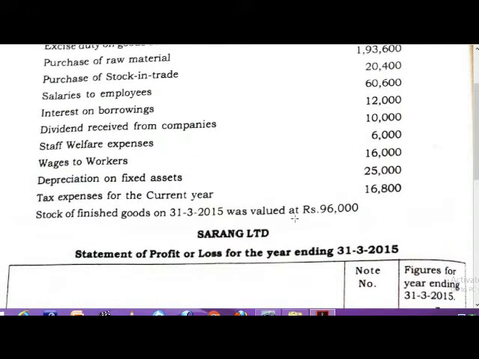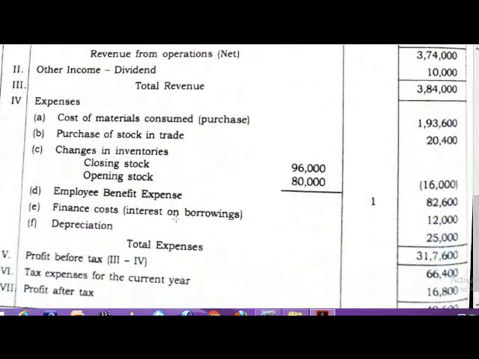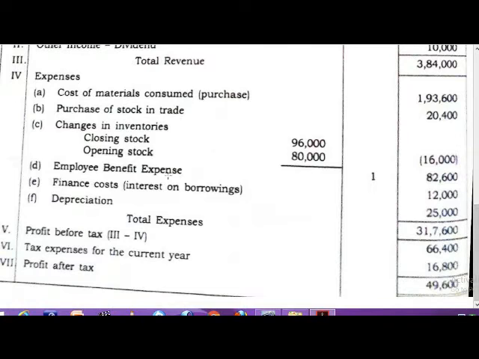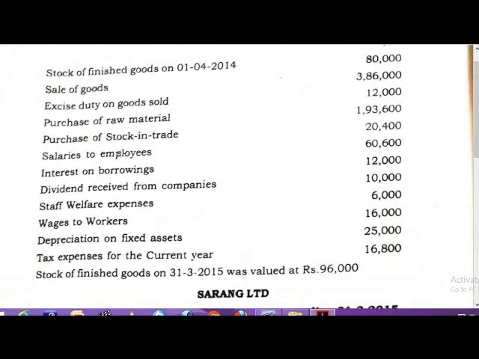The next item is employee benefit expense, which includes salaries to employees, staff welfare expenses, and wages to workers. Here the salaries to employees are 60,600, staff welfare expenses 6,000, wages to workers 16,000. So the total is 82,600.